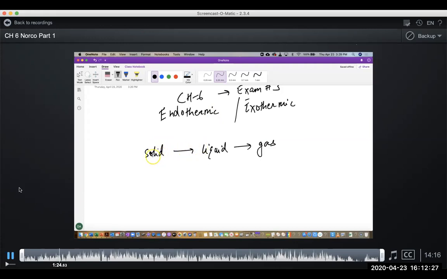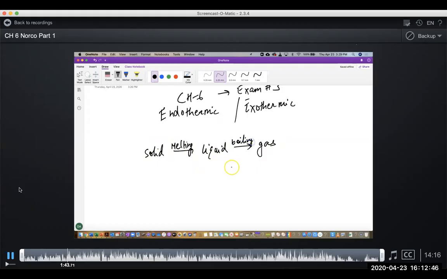And the process to go from solid to liquid, what is that called? That is called melting. And what is the process called when you go from liquid to a gas, when you have liquid water and you change it into steam? If this is called melting, this is called boiling.